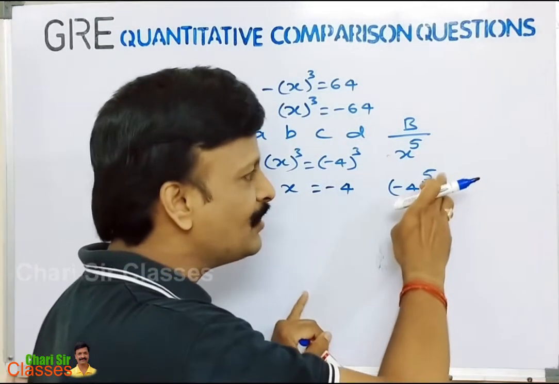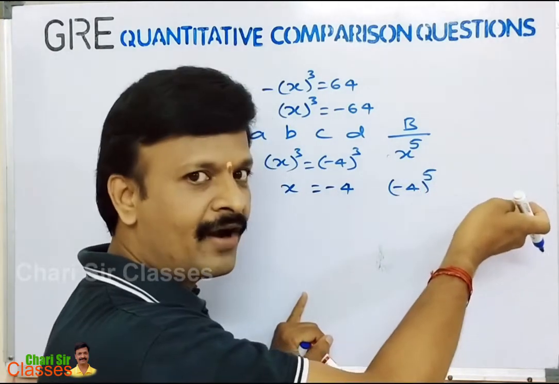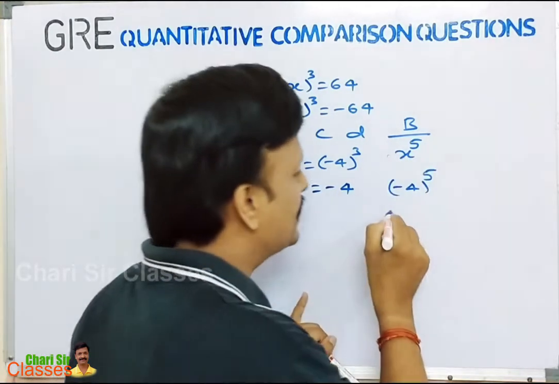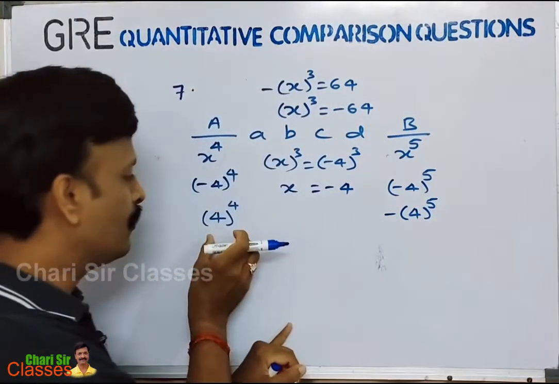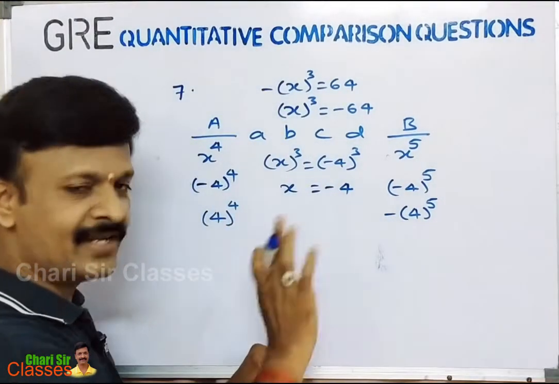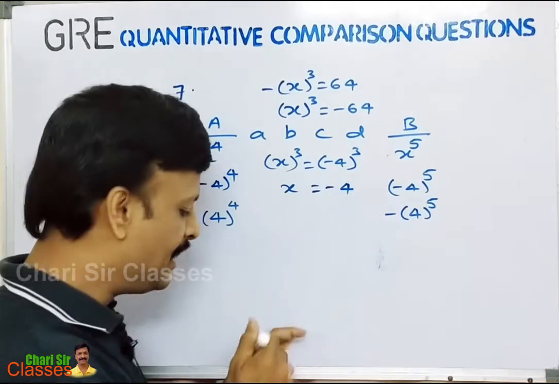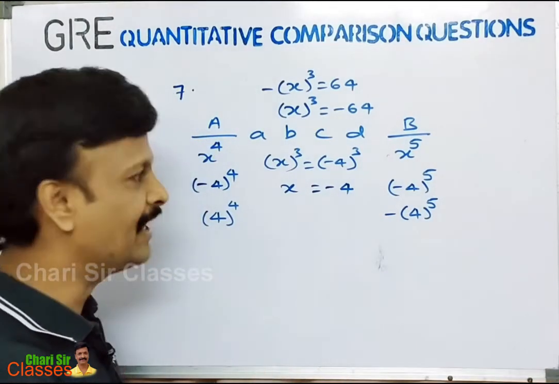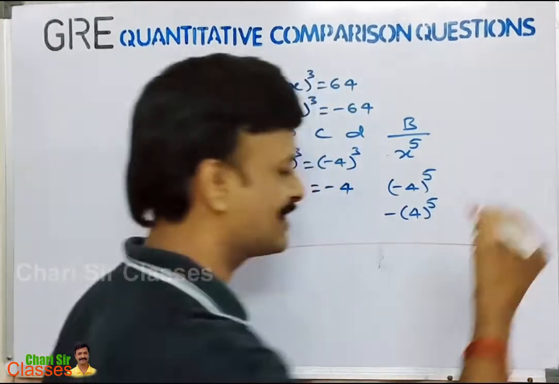And 5 is an odd number, so minus to the power of odd is always minus. So that is minus of 4 to the power of 5. You don't need to find all these values, it's not required. This is a positive quantity, this is a negative quantity. Definitely the positive quantity is greater, that is quantity A is greater. You can close the sketch paper.